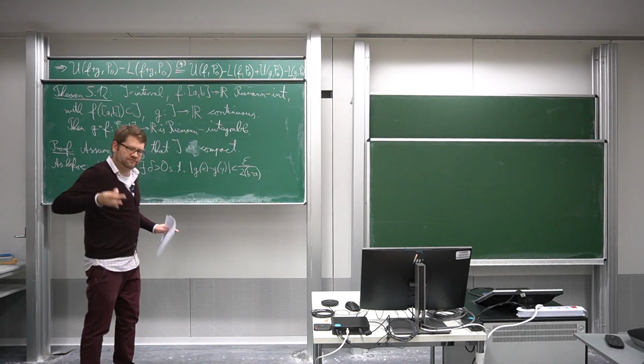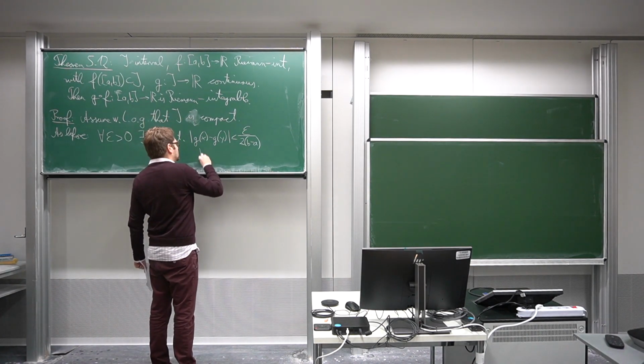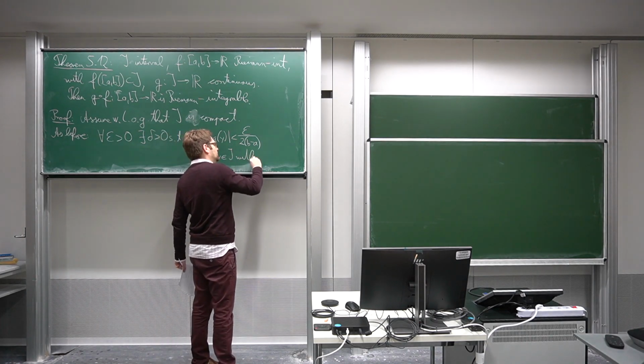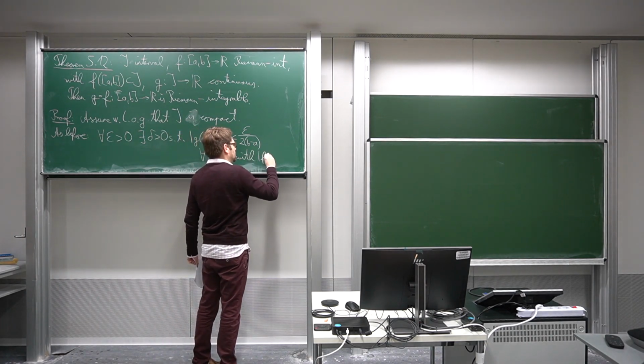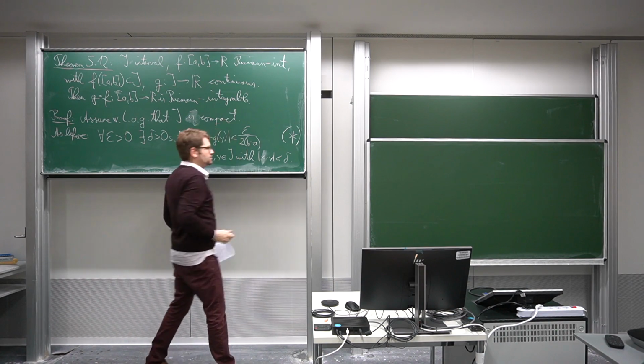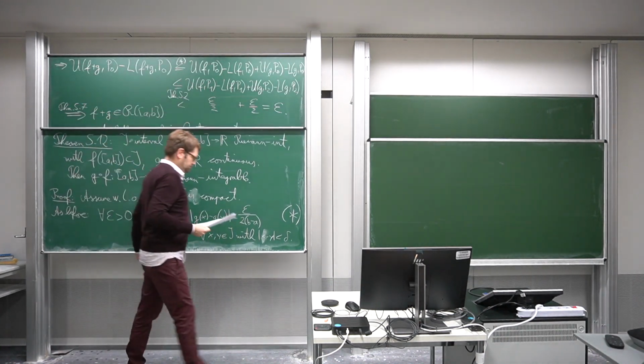This is something that we'll figure out is the right choice in the end. This holds for all x and y in I which have distance smaller than delta. This is also denoted by star this time. This is what we get from the uniform continuity.